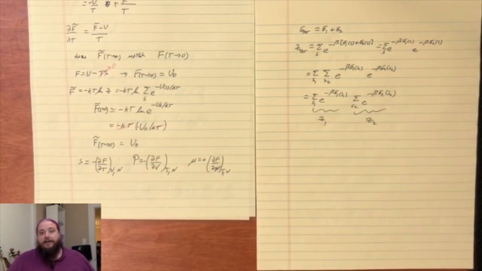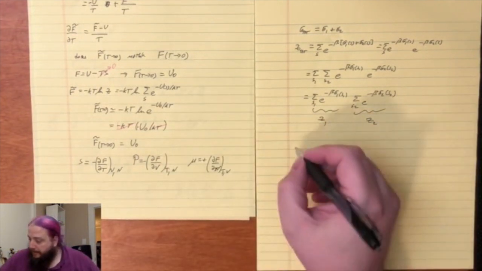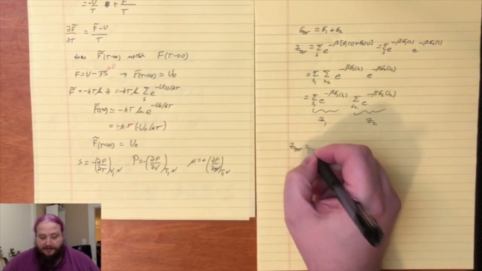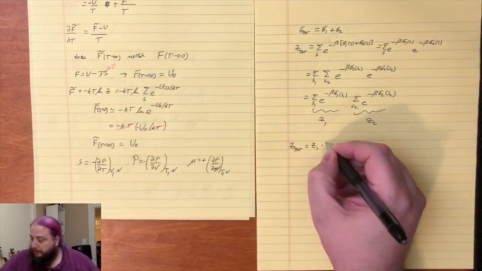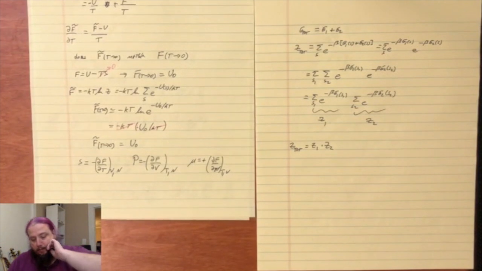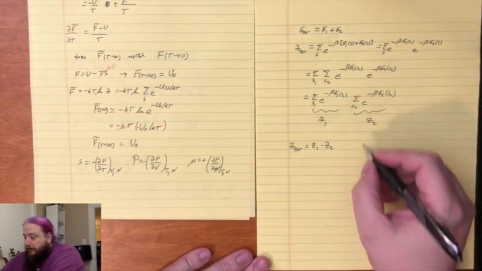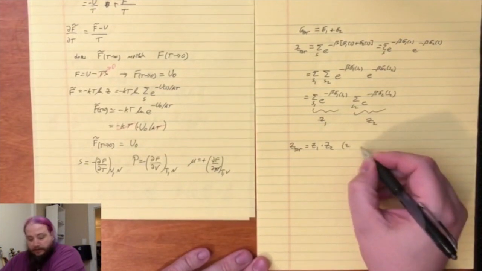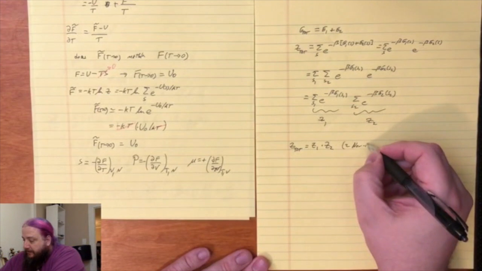So we can take our total partition function and say that it is the product of the partition functions for the two individual particles. So this is for two non-interacting particles.